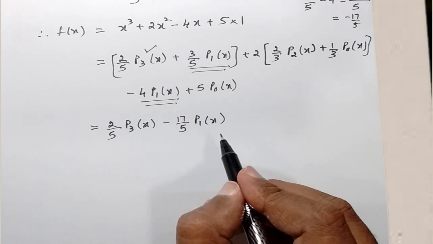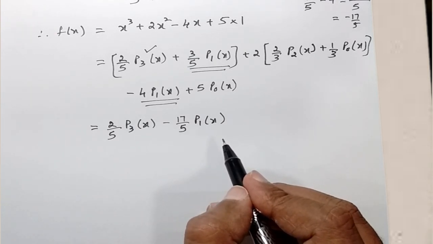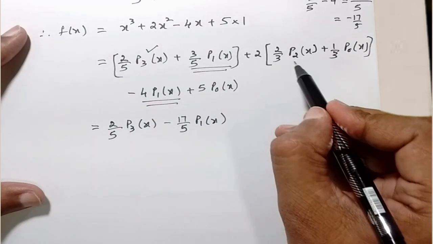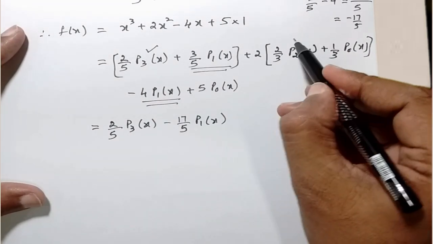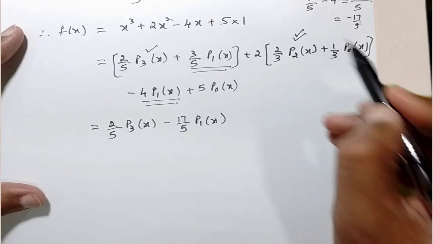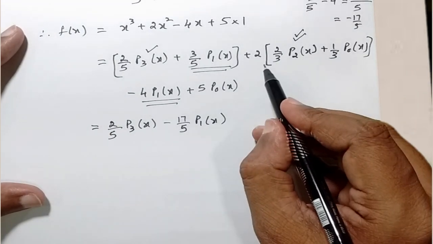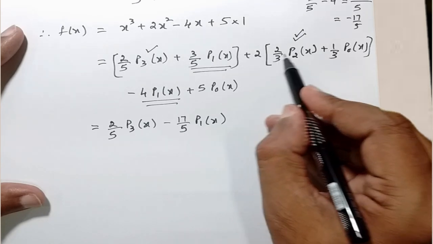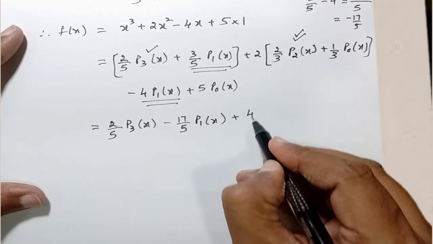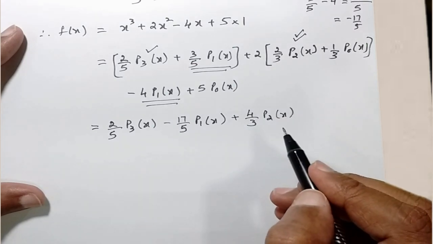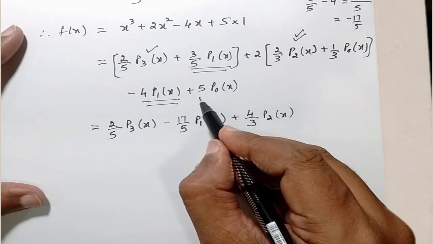Next you have the P2 value. That's the only one term you have, P2. So just multiply it: 2 times 2 will be 4, so 4 by 3 into P2 of x. What are the other terms left out? This one.